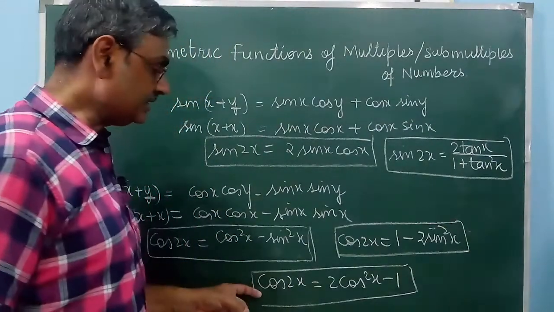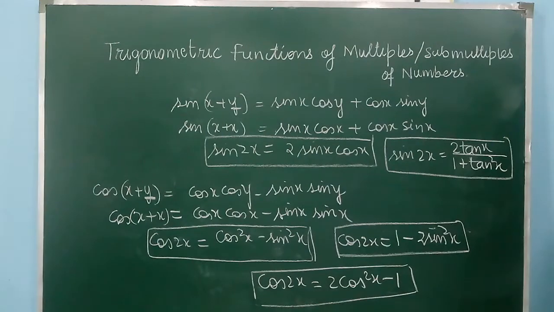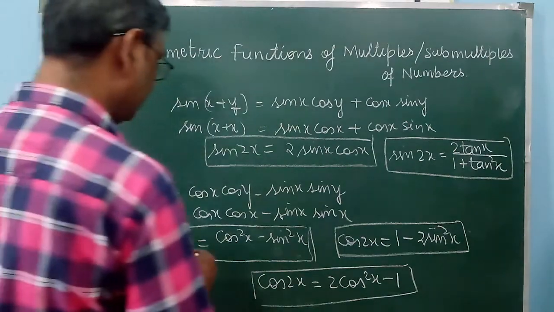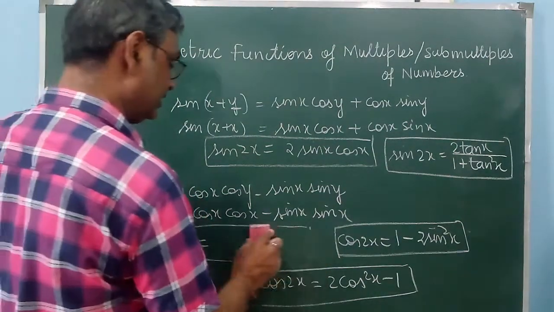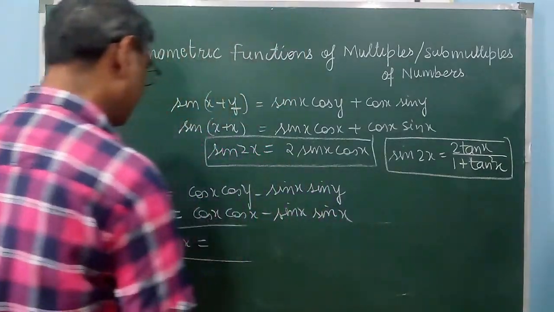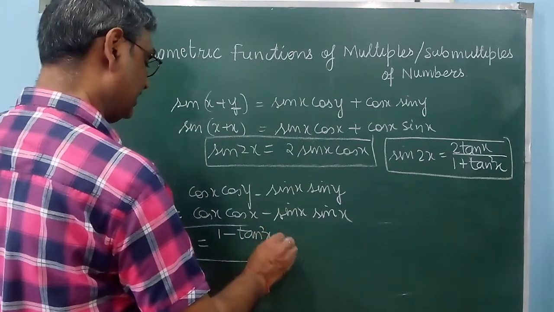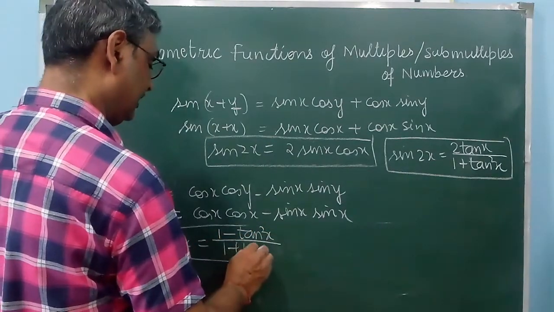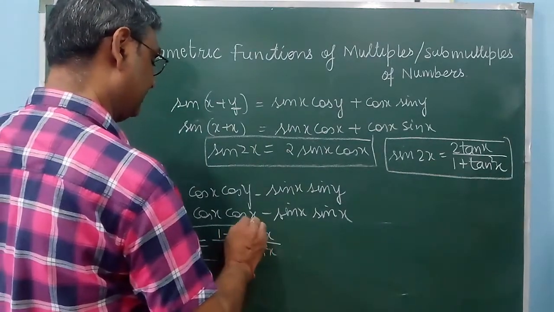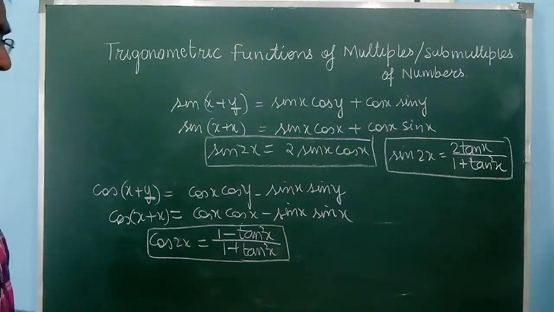We can also represent cos 2x in terms of tan. The fourth formula for cos 2x is 1 minus tan square x upon 1 plus tan square x.